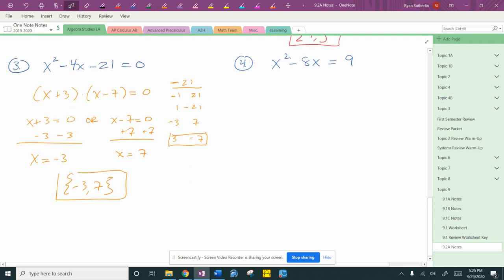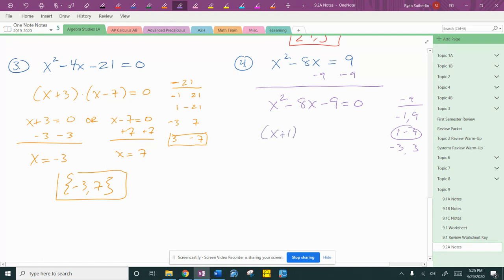And now for the final one, it's not equal to 0, so the first thing I have to do is subtract 9 from both sides. So I have x squared minus 8x minus 9 equals 0. Now my factors of negative 9 are negative 1 and 9, 1 and negative 9, negative 3 and 3. And 1 and negative 9 are the two numbers that add to be negative 8.